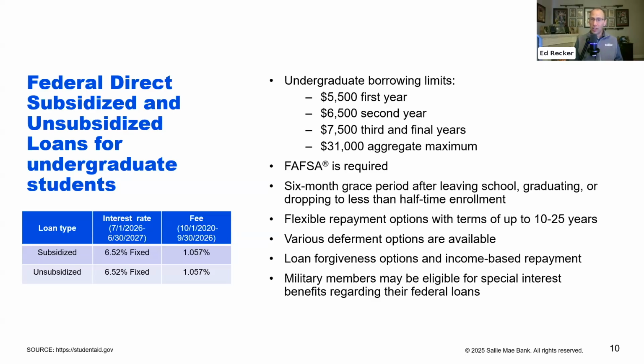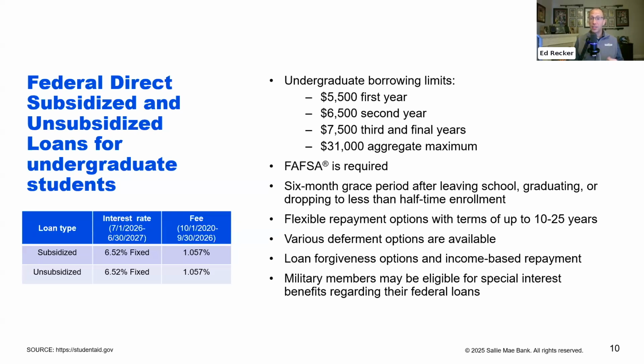And then people will also ask, how much can I borrow? Now, the Department of Education does have hard and fast caps on how much a student can borrow, regardless of what their need is or what their desire to borrow is. So, for first year students, and we're really talking about academic standing here, when we say first year students, we're really talking about a freshman.